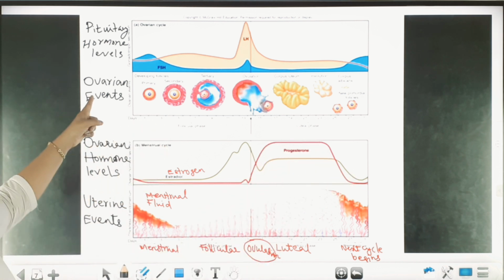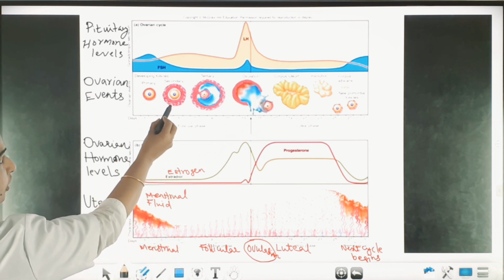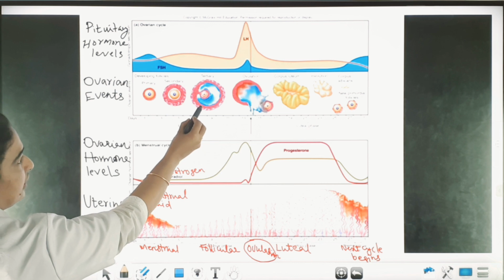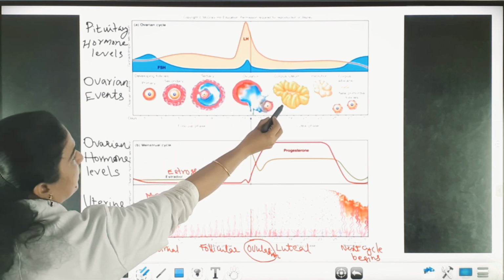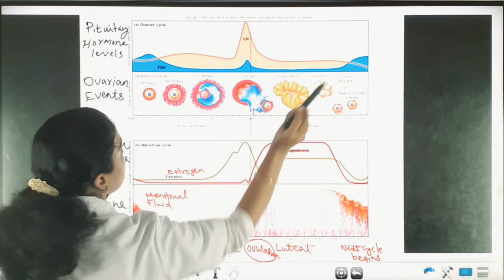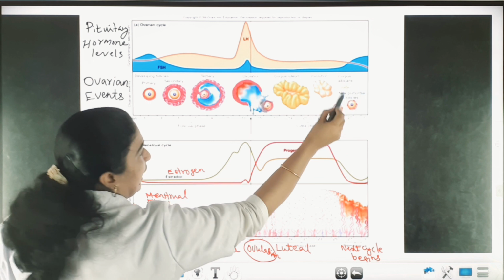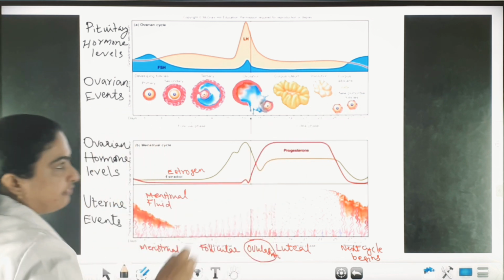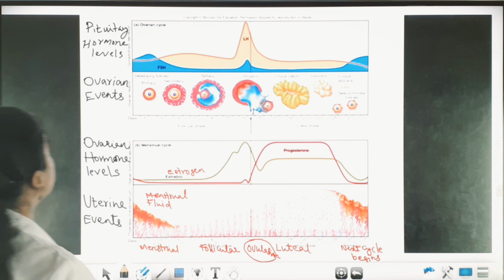And now we can see the ovarian events. The primary follicle develops into secondary follicle, then into tertiary follicle, then the Graafian follicle gets ruptured, then forms the corpus luteum, then it degenerates. Again, the primary follicle starts to develop, then it undergoes the next phase, that is the menstrual phase. So this is a cyclic process repeated.